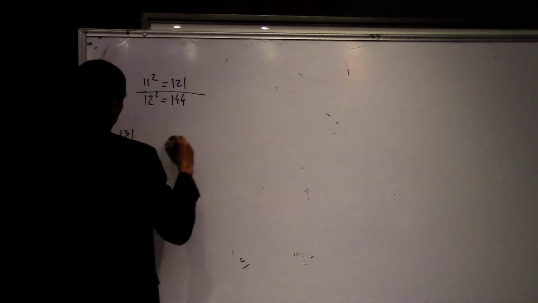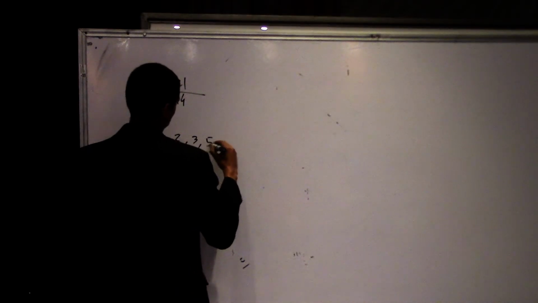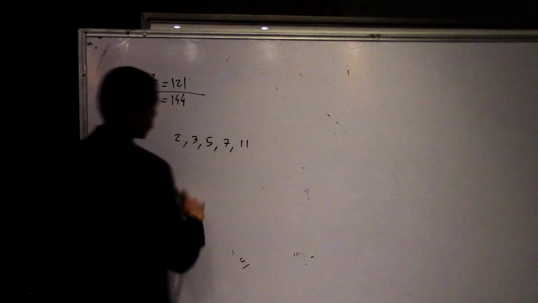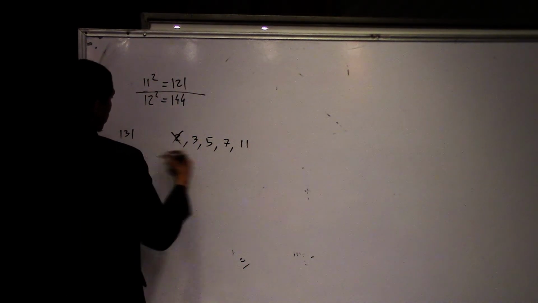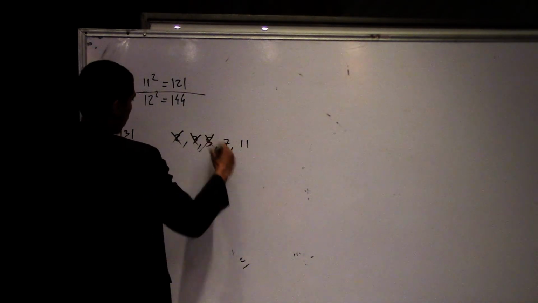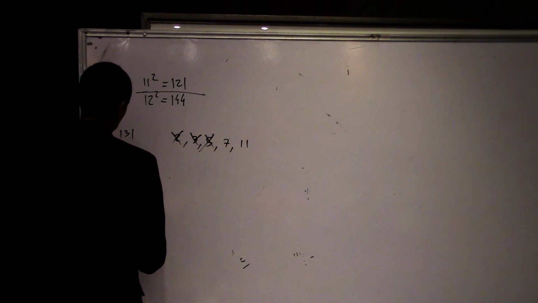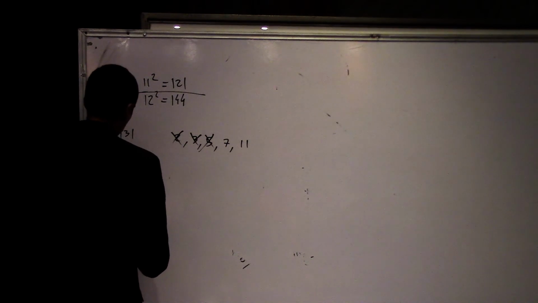So we have 2, 3, 5, 7, 11, these primes. So 2, you can see that it's not divisible, 3 is not divisible, 5 is not divisible, and then 7. So 11 times 13 is 143, 7 times... So here, no, we do not have it.